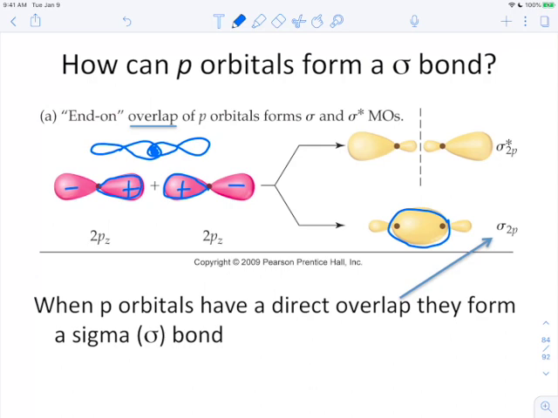But if they happen to be at opposite signs and they come together, that is when we get our node that goes right down the center. And remember, the node has no electron probability. So the antibond is when they had opposite signs coming together, and the bond is when they had the same sign coming together.